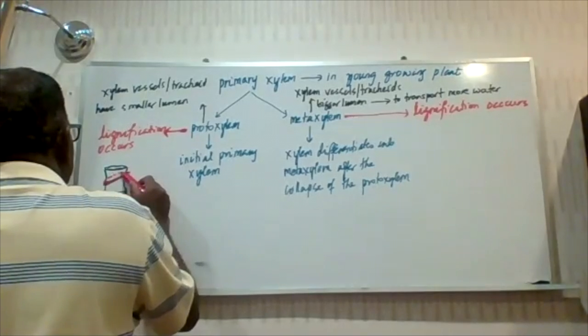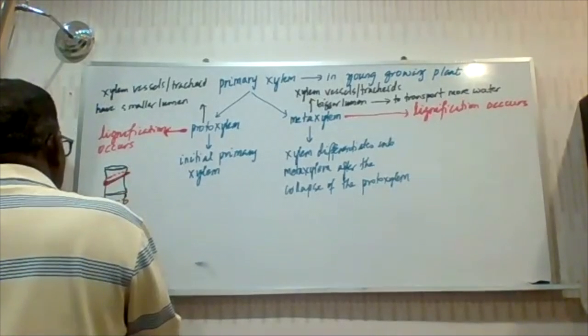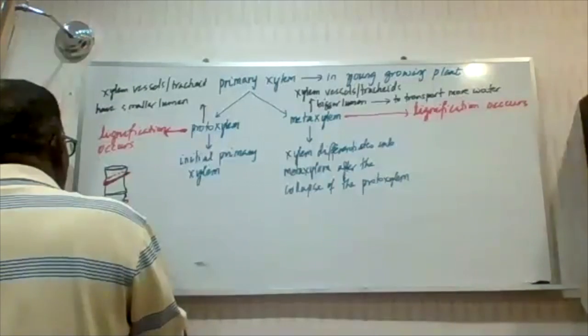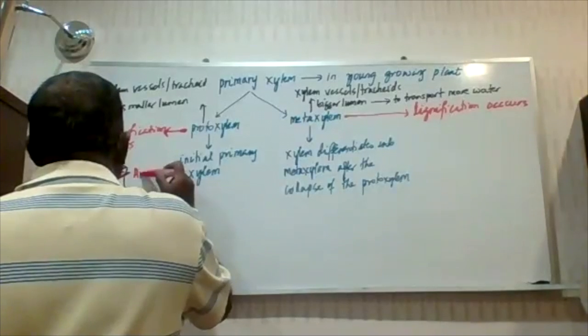So I put here a dotted form. This is what we call annular thickening.